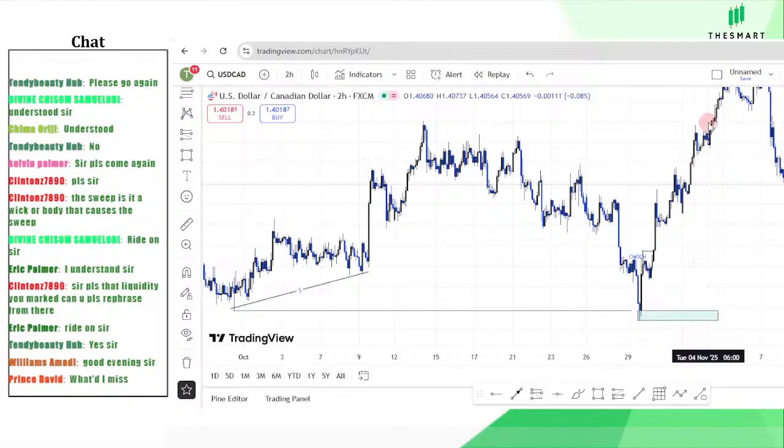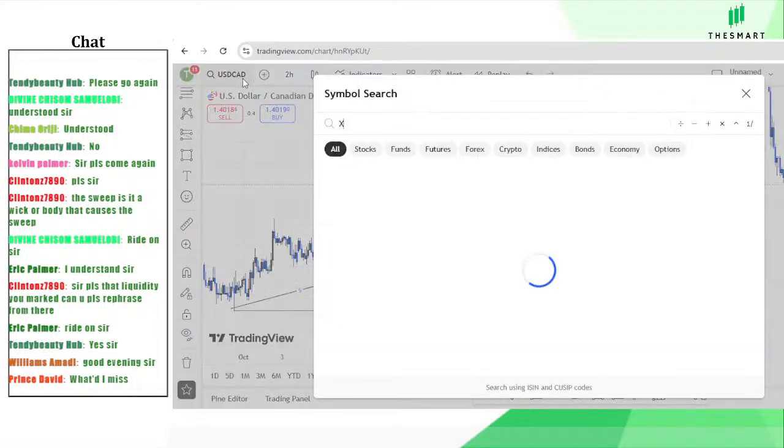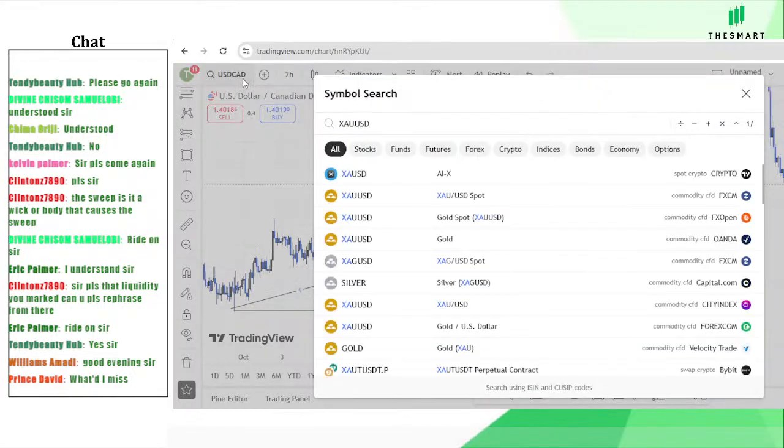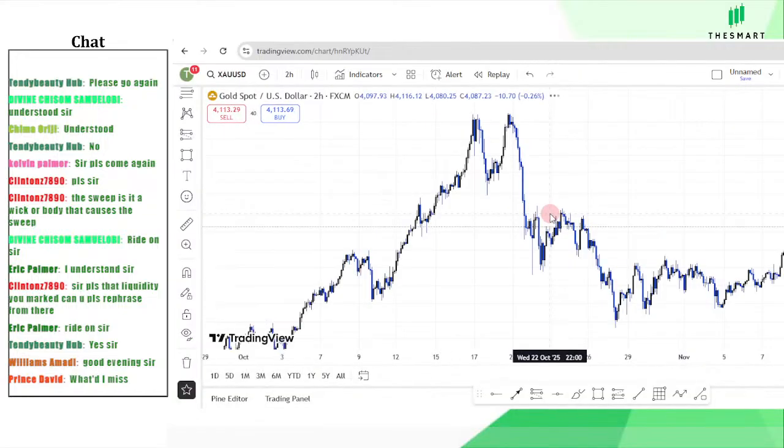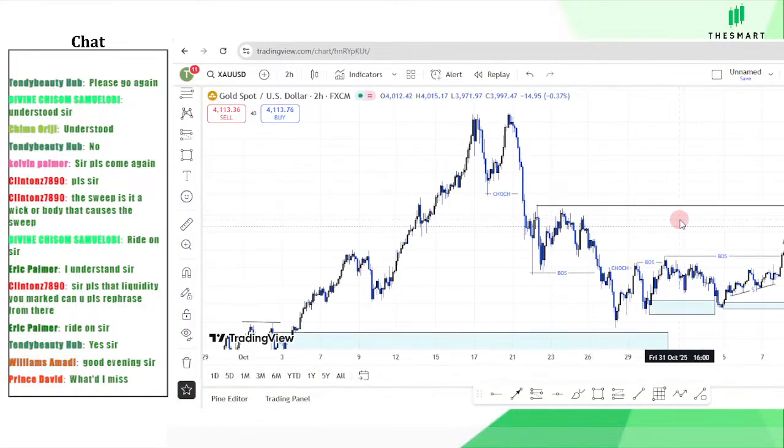I think I was actually explaining something today on this chart. I was talking about what I'm expecting from a sweep. Let me check.